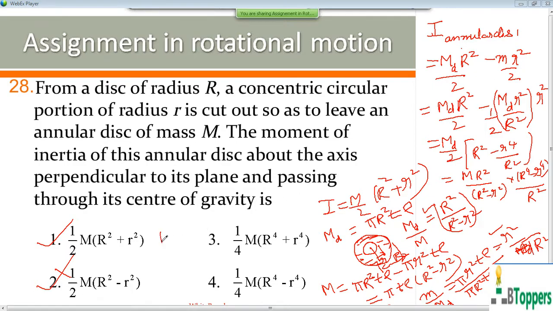Now we can write capital R power 4 minus small r power 4 as capital R square minus small r square into capital R square plus small r square. You can try to simplify it further. So the moment of inertia of the annular disk, you can write, the denominator R square gets cancelled.